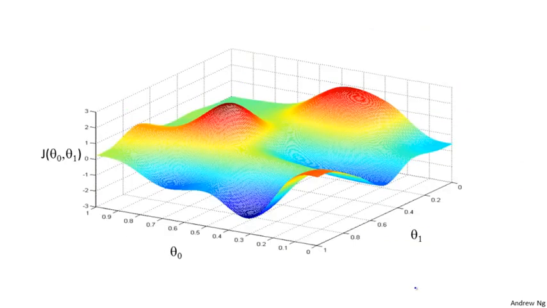So let's see in pictures what gradient descent does. Let's say you're trying to minimize this function. Notice the axes: theta 0, theta 1 on the horizontal axes, and J is the vertical axis. The height of the surface shows J, and we want to minimize this function. We're going to start off with theta 0, theta 1 at some point. So imagine picking some value for theta 0, theta 1, and that corresponds to starting at some point on the surface of this function.